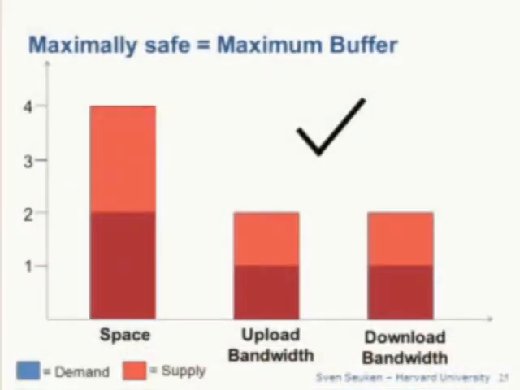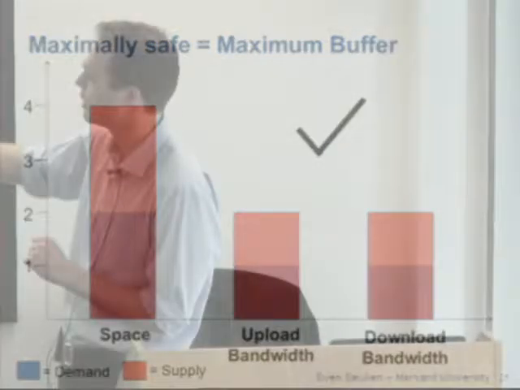If we have a little bit of variability on the user's demand side, we might run out of upload bandwidth very quickly. So we want to increase this buffer and decrease these two buffers in return. We'll say that a system is maximally safe if we maximize the relative buffers across all three resources. This is assuming that the variation on the demand side for the three resources is the same, and we don't have any additional knowledge about that.